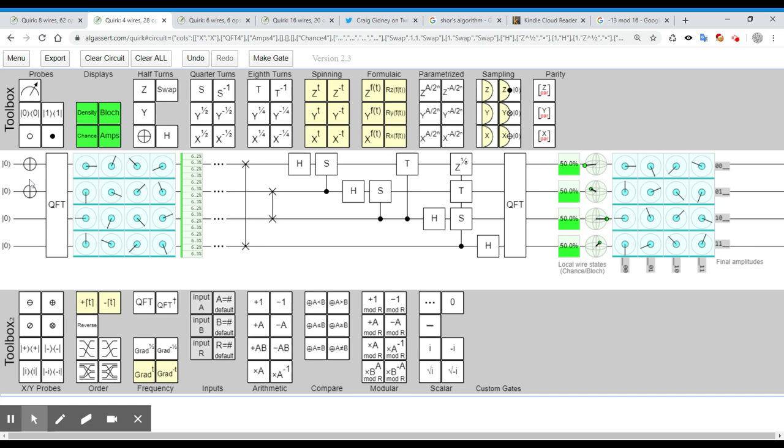But that's then another question: what does it mean to apply the inverse QFT when you give it an actual frequency number?